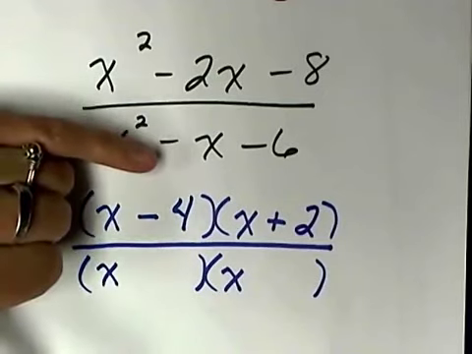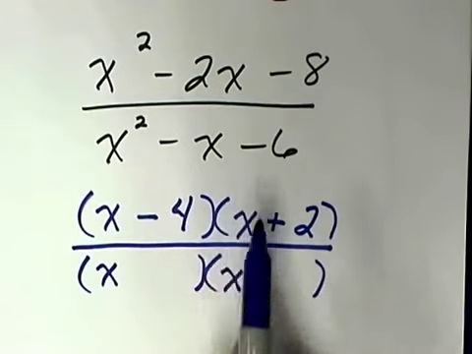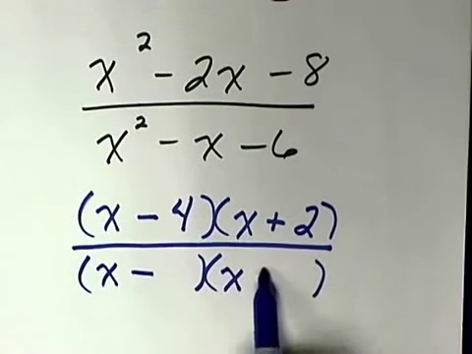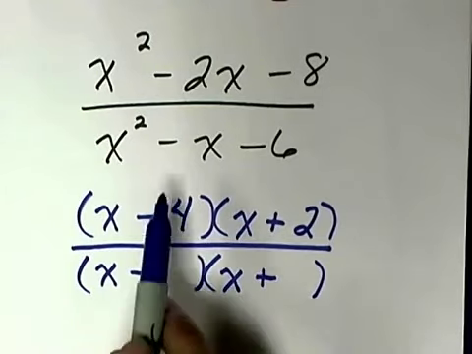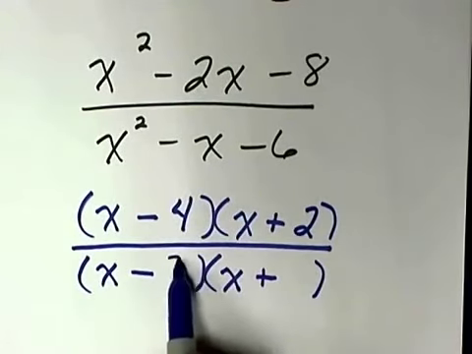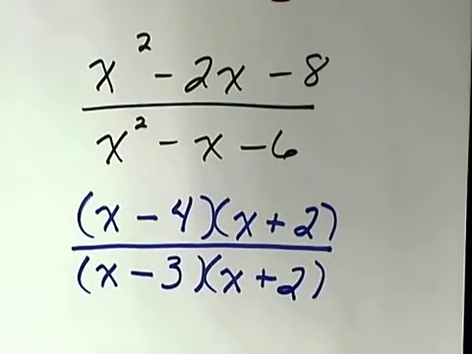Remember, if there's no number in front of the x, that means that there's a 1 there, because 1 times anything is anything. Once again, because it has to multiply to a negative, I know I need one of each sign, so I may as well put those in right away too. Now the two numbers that multiply to 6 and add to a negative 1 are 3 and 2. Once again, it has to add to a negative, so my bigger number has to be negative, and my smaller number is going to be by the positive.